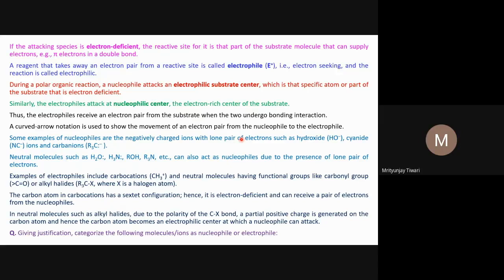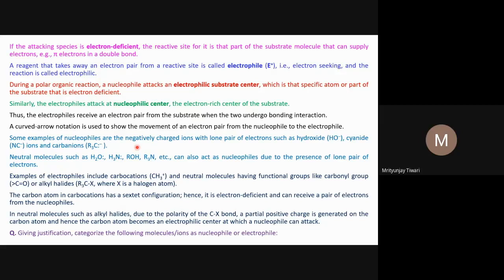Some other examples of negatively charged nucleophiles are HO minus, the hydroxide ion, the cyanide ion, all the carbanions, the SH minus ion, chloride, bromide, all the halide ions. They are all nucleophiles.